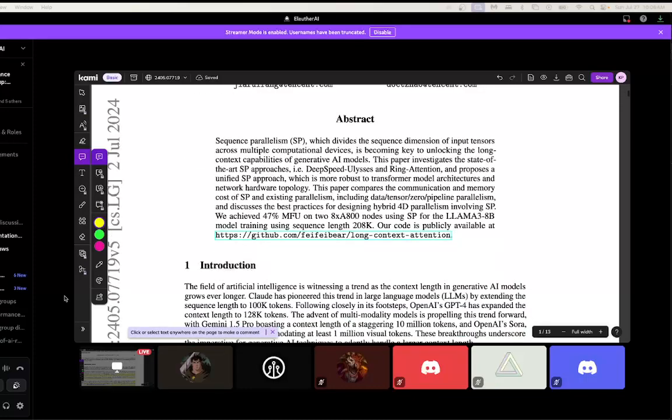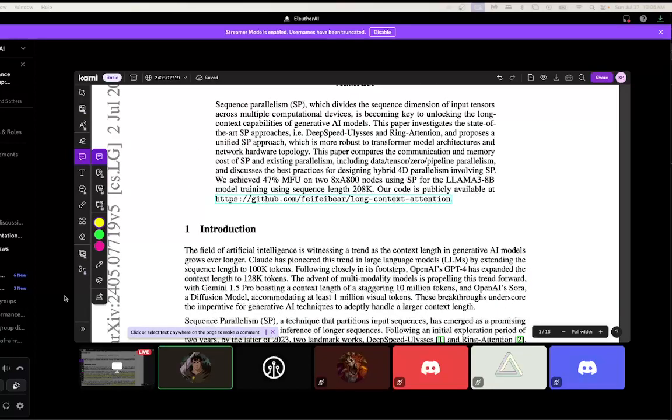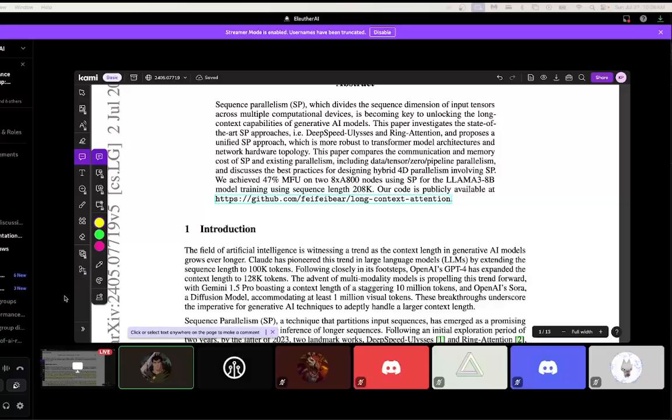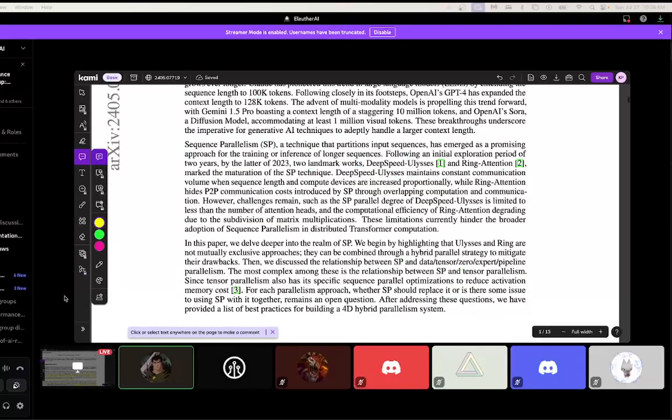It's a hybrid 2D parallelism strategy combining DeepSpeed Ulysses, which is a sequence parallelism strategy, and also ring attention, which is another strategy. But both have different behaviors within the attention op, which is going to be the main focus of this optimization.